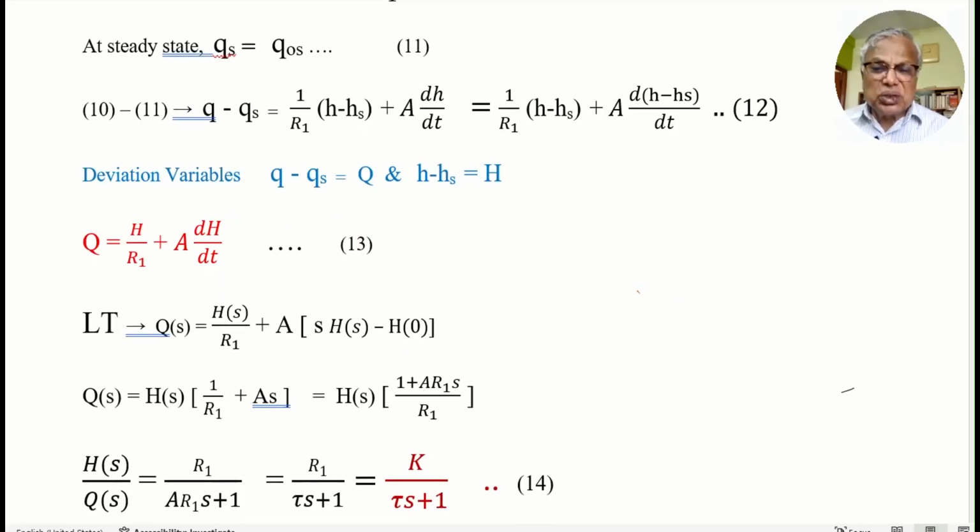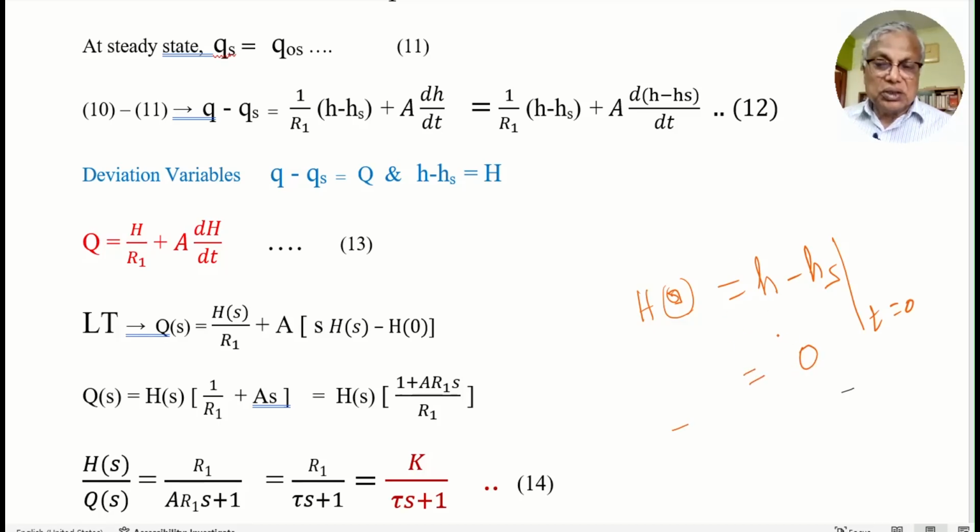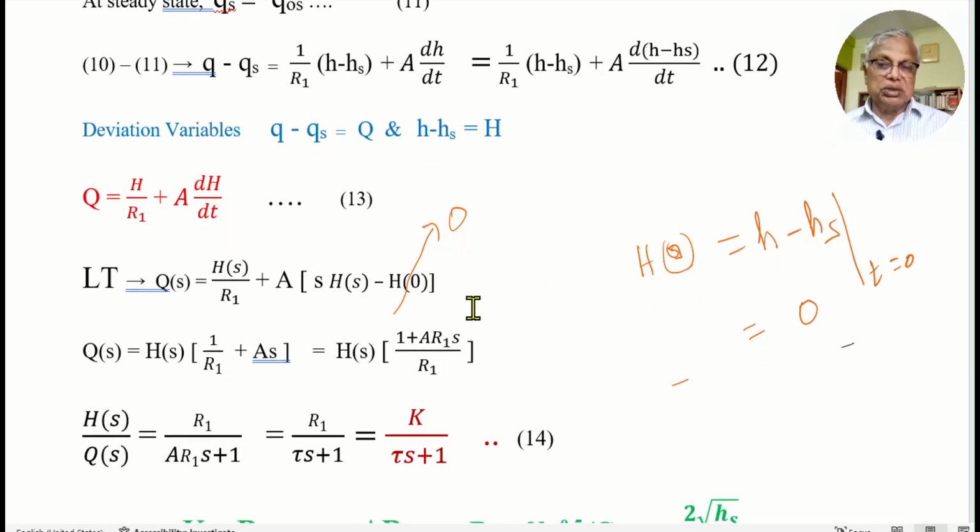This h0 is nothing but h minus hs evaluated at t equal to 0. At t equal to 0, h and hs are the same. There's no change at t equal to 0, so this term is 0. h equals hs at t equal to 0. So h0 becomes 0, right? Initial deviation is 0.